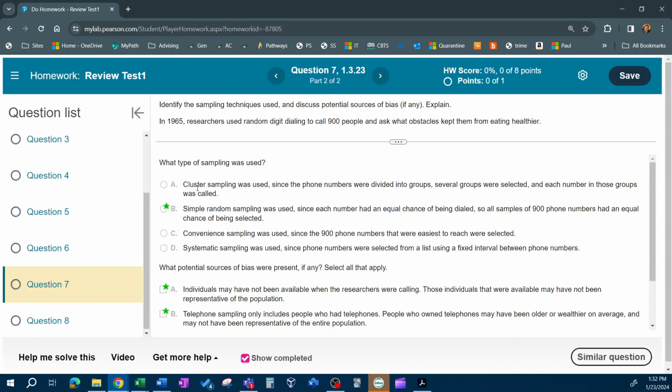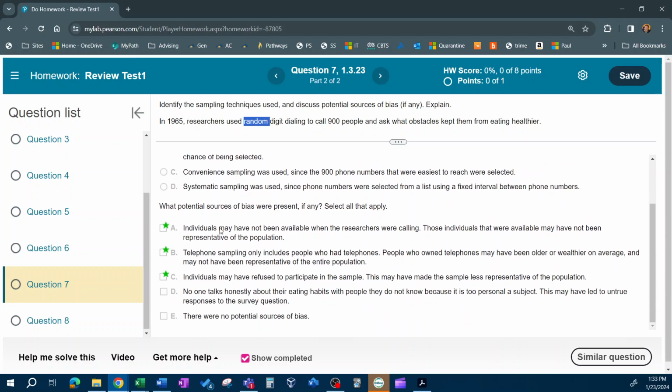Cluster sampling, as you know, is when the population is divided up, usually naturally, and then they'll randomly pick a few of the divisions and sample everyone in that division. And then convenience sampling is like, oh, the first 10 people I meet, right? It's going to be convenient. And systematic, I always think it's systematically done, and you pick the first number randomly, and then like every third person after that, you would select. So that's not done this way. This is done randomly, okay? But just because it has random in there doesn't mean that that's the answer. So be careful about that.